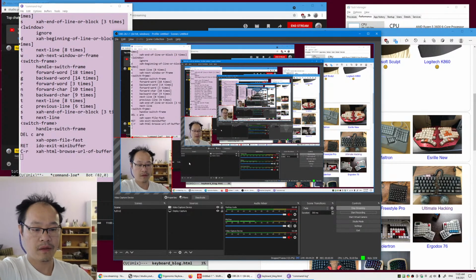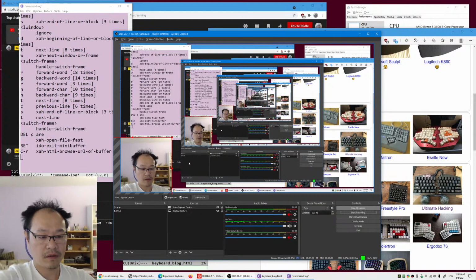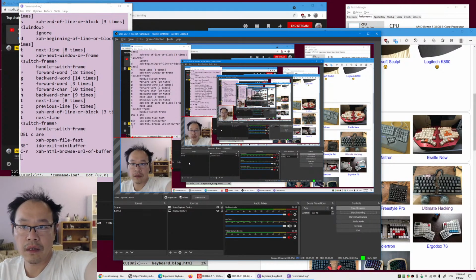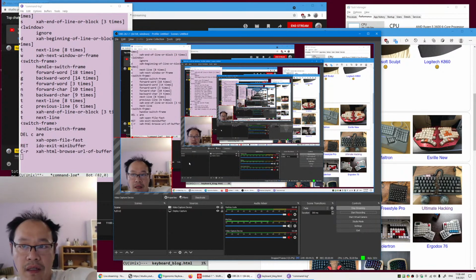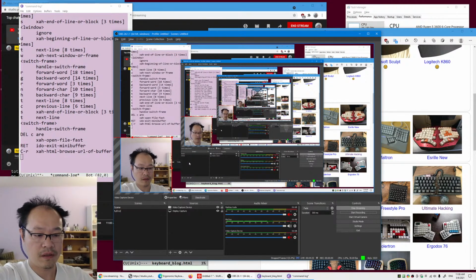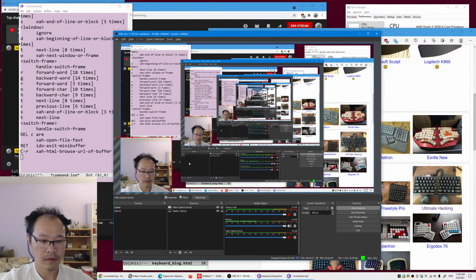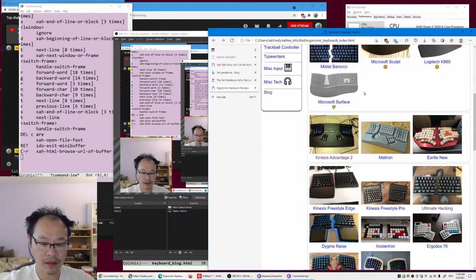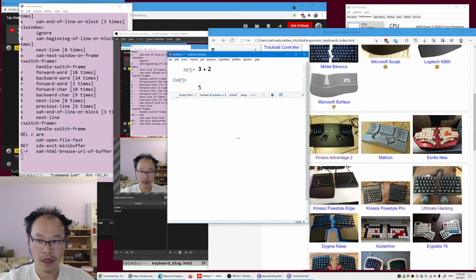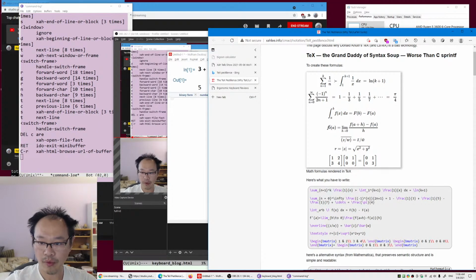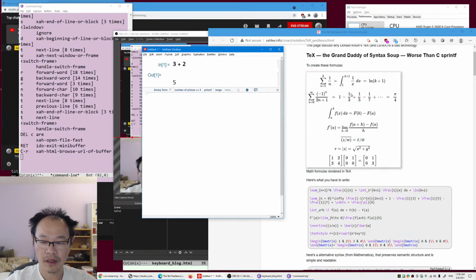Okay, let's see Mathematica, the Wolfram language. So first thing I'm going to show you is how you type those things in Mathematica. Okay, so sum.